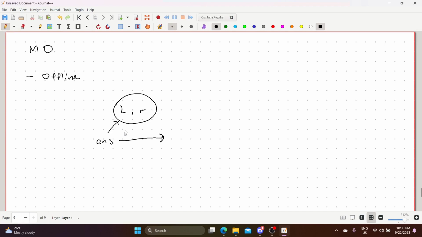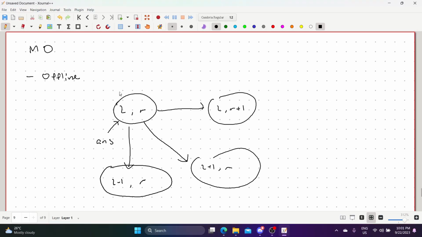Let's say you know the answer from L to R. If you are able to progress from L to R to L, R plus 1, and you can also move to L plus 1, R, and also L minus 1, R, and you can do this quickly, in O(1) time, then you can solve it in O(q square root n) time or something like that. I don't know which one it is.